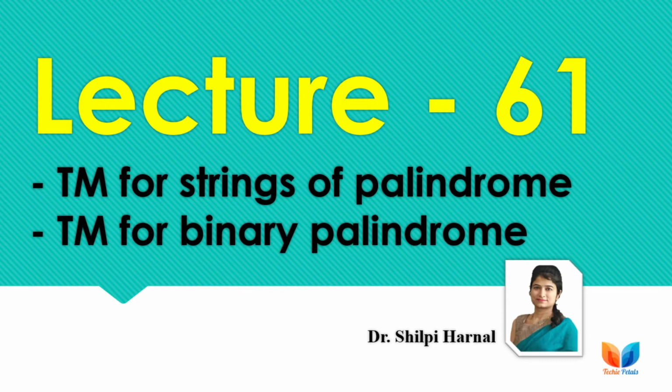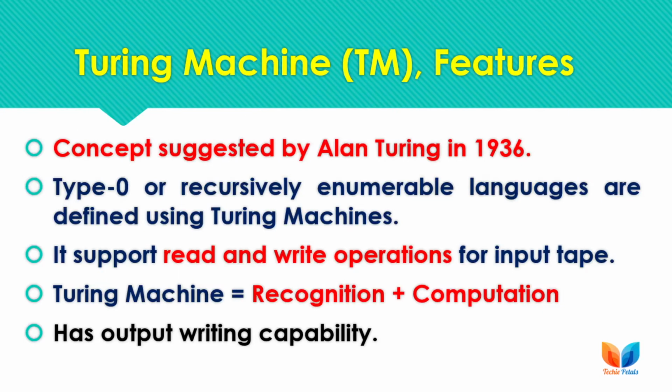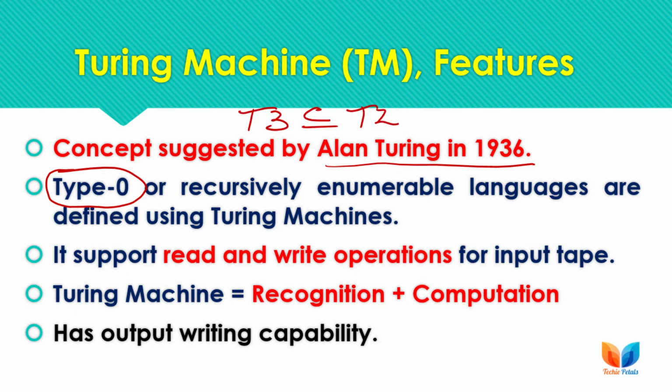So let's start the lecture with a brief introduction of the Turing machine. The Turing machine concept was suggested by Mr. Alan Turing in 1936, and a Turing machine can recognize type 0 languages, as type 0 is a superset of any other type of language, type 3, type 2, type 1 and type 0.